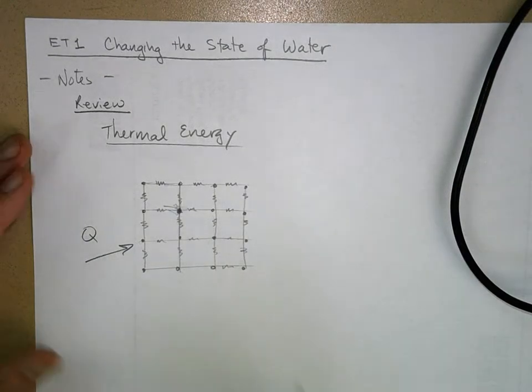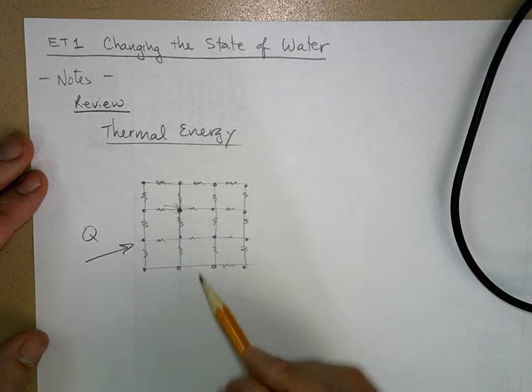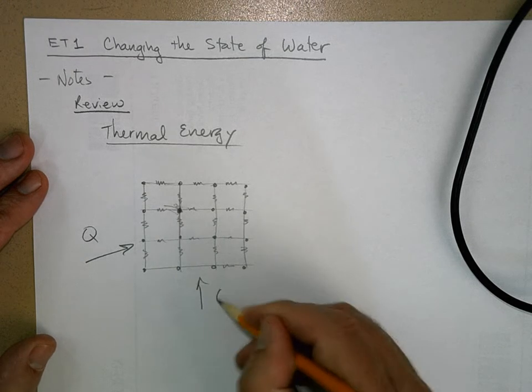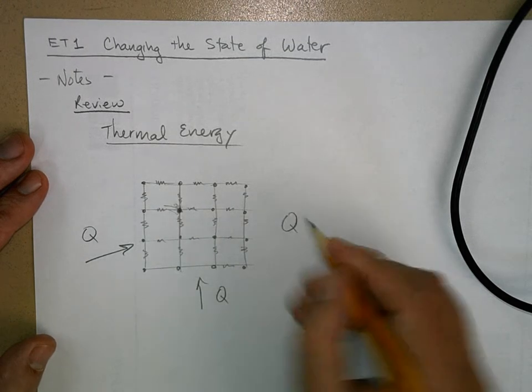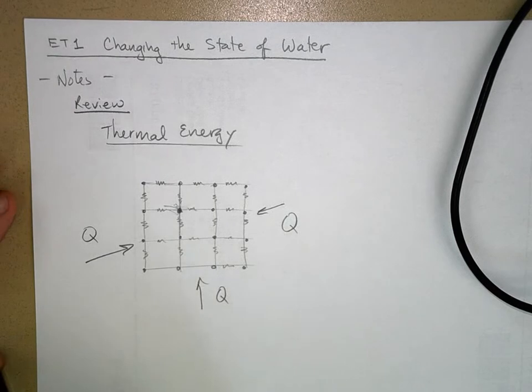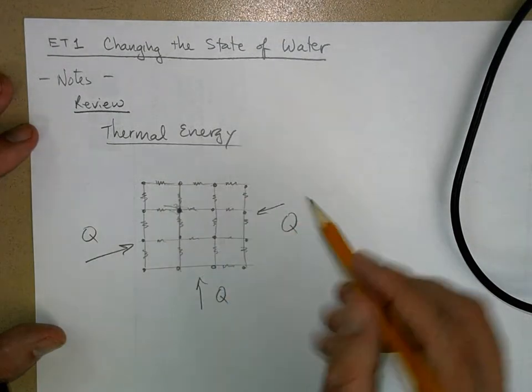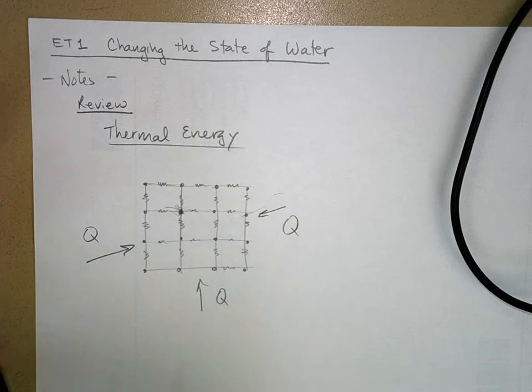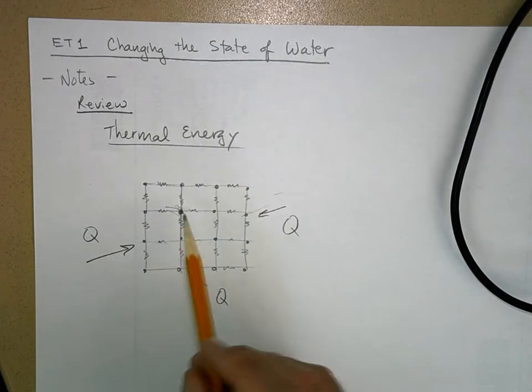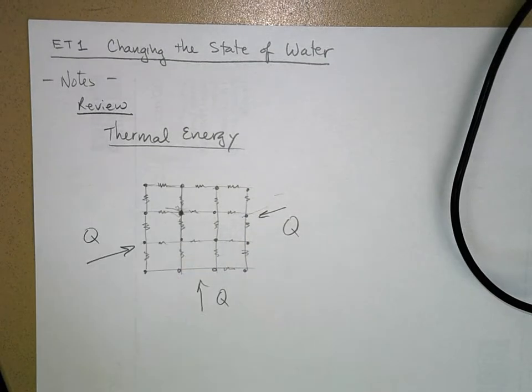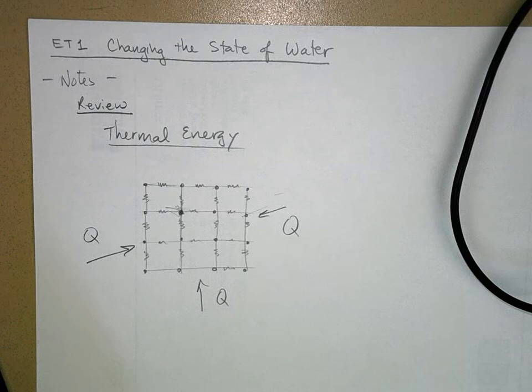What will happen is that heat energy, which we call Q, will enter. What it is, it's air molecules or something that are moving around that hit the crystal and make the molecules vibrate a little faster.